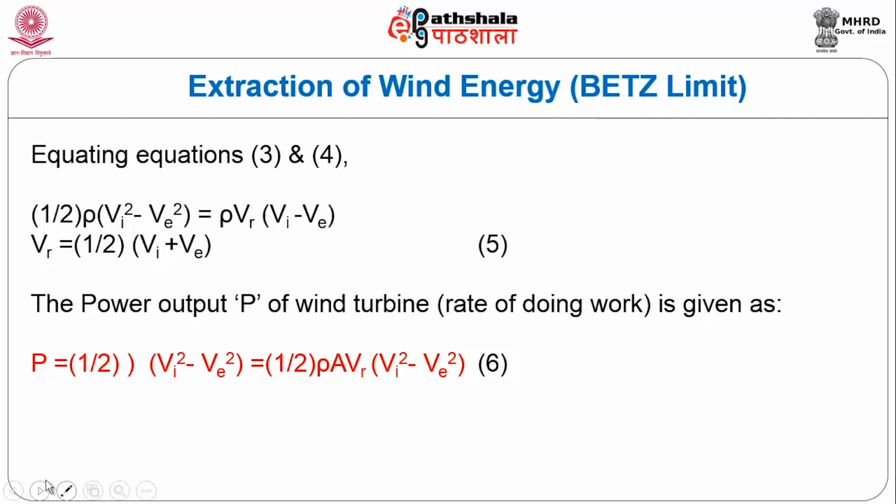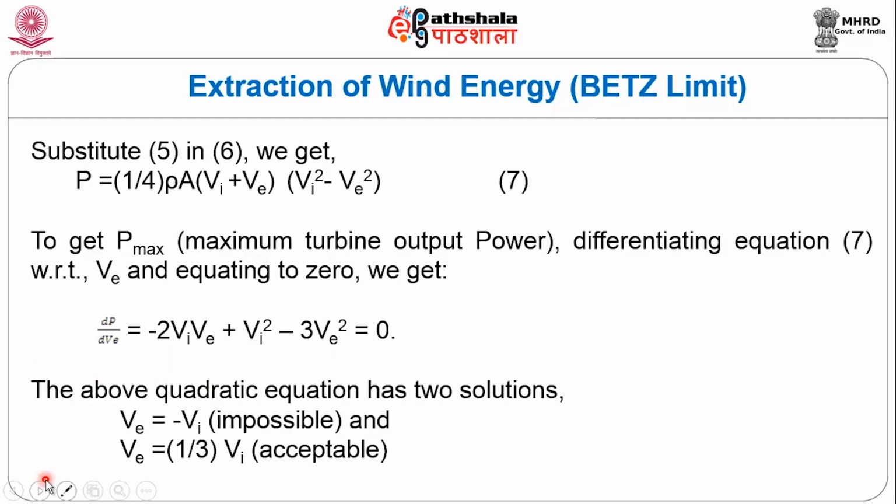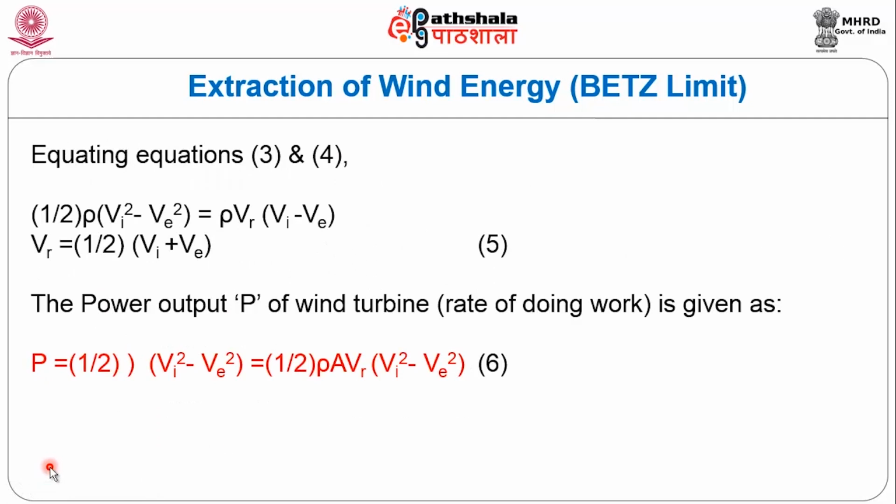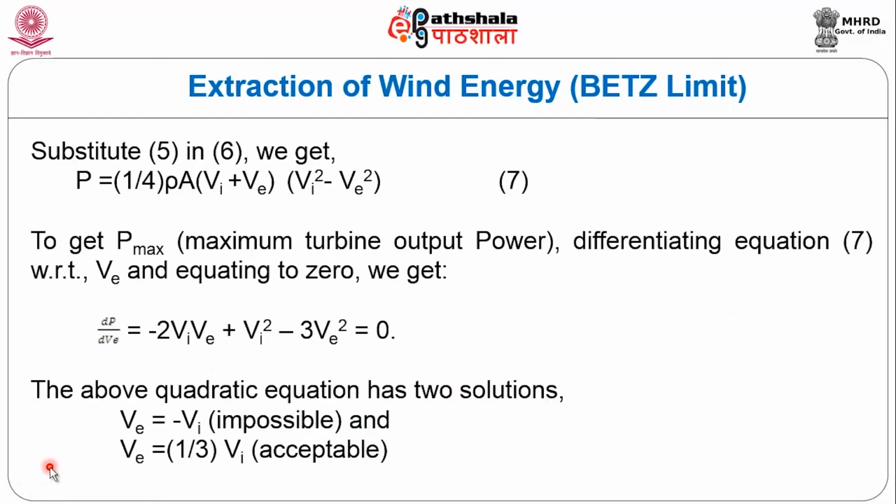From this we substitute equation 5 in equation number 6, and again rearranging, we get P equal to one quarter of rho A into V I plus V E into V I squared minus V E squared, that becomes equation number 7 after substitution.